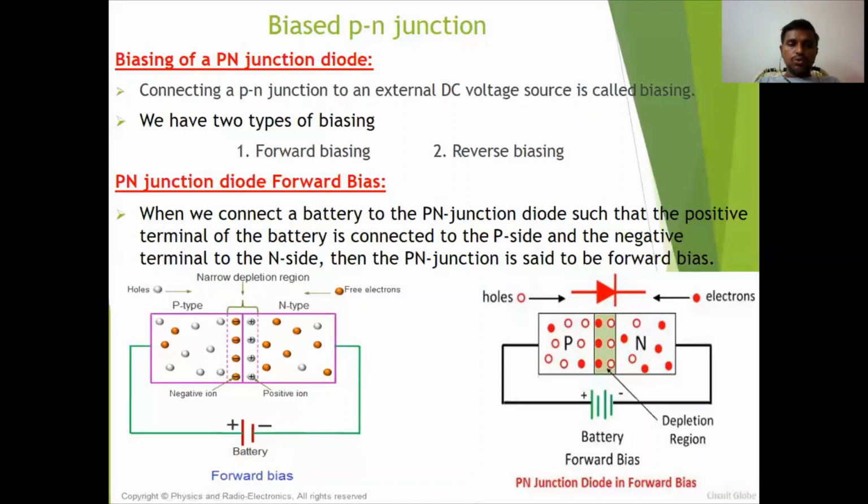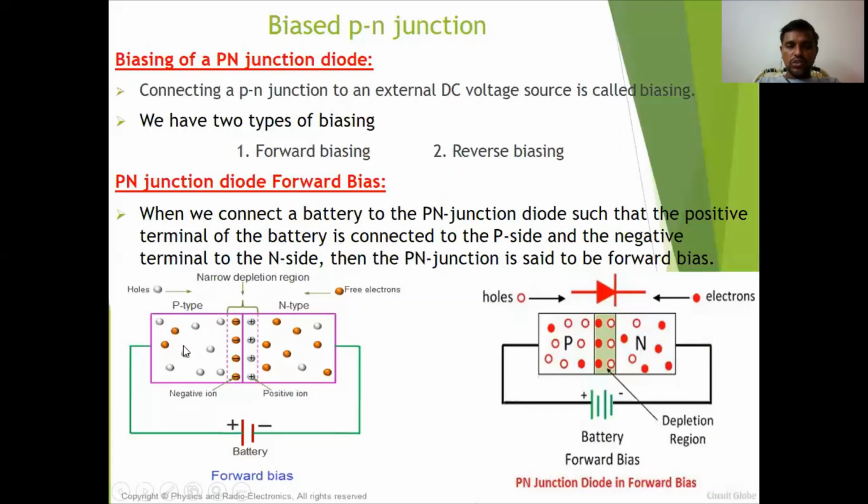Previously, what we have here are holes, the white circles, which are majority carriers in P-type, and electrons in N-type, which are majority carriers. Holes are the minority carriers there. Here in the P-type there are 8 holes but only 2 electrons. That means the majority carriers are holes and these 2 electrons are the minority carriers.